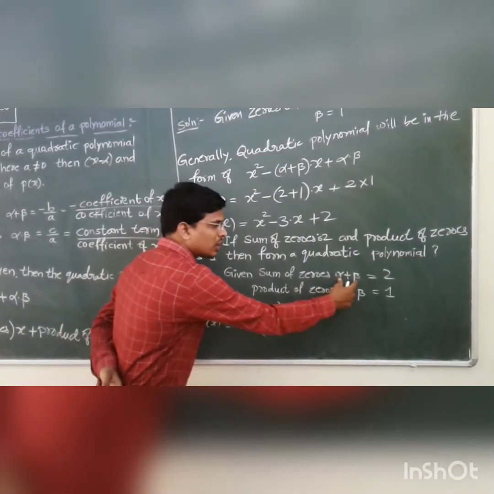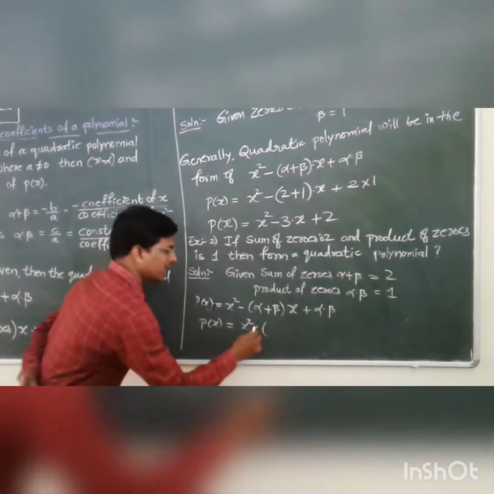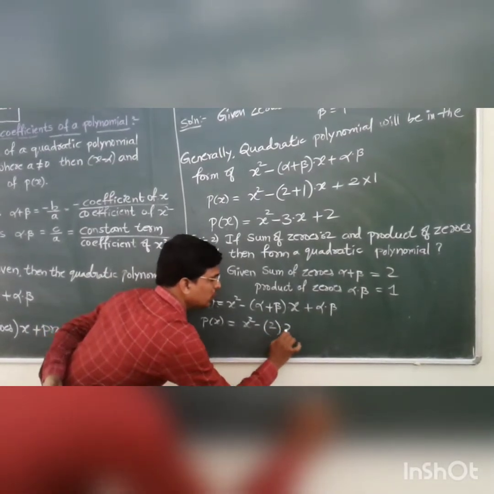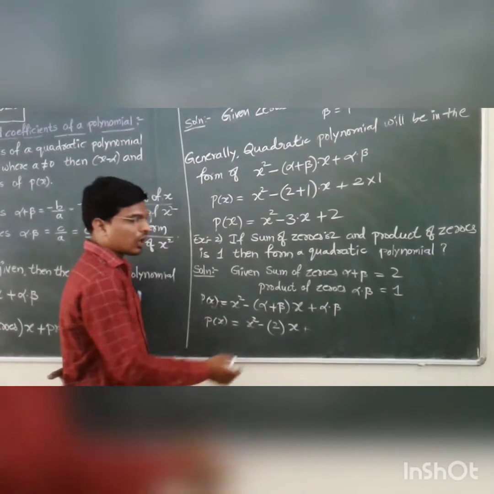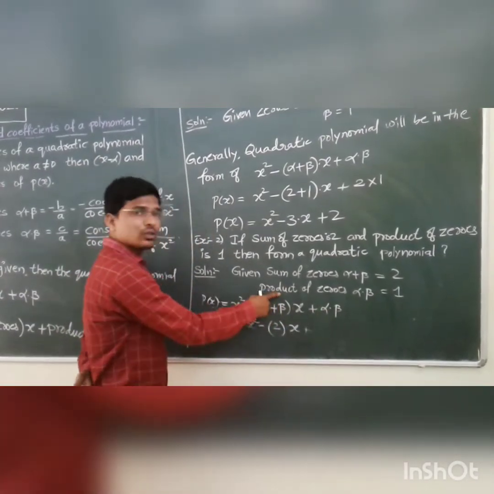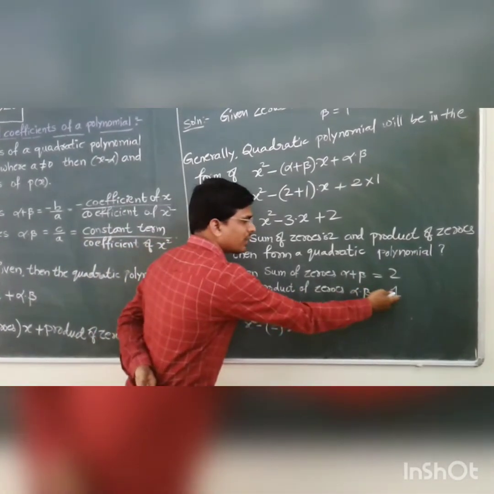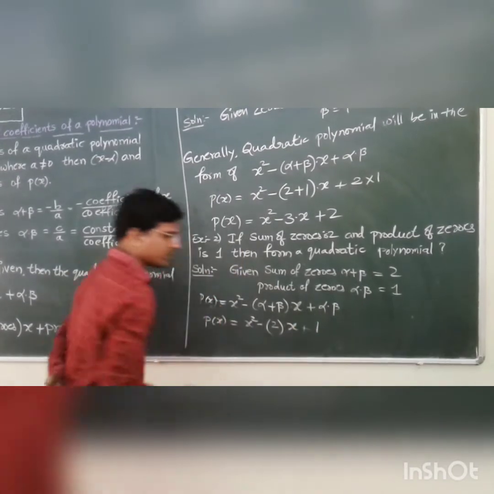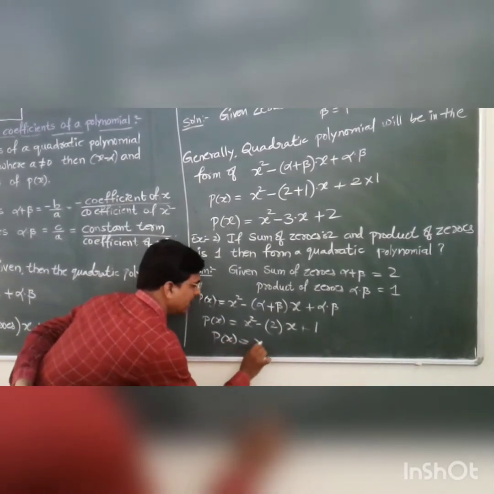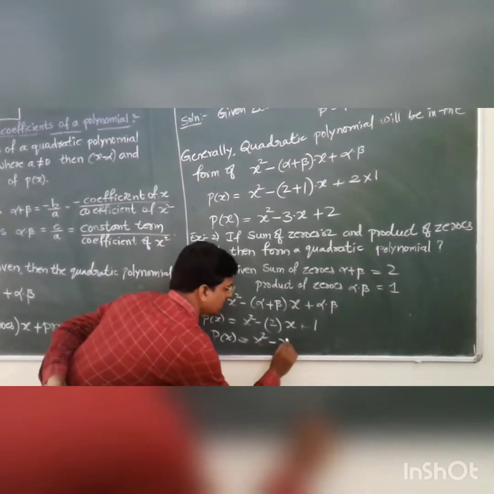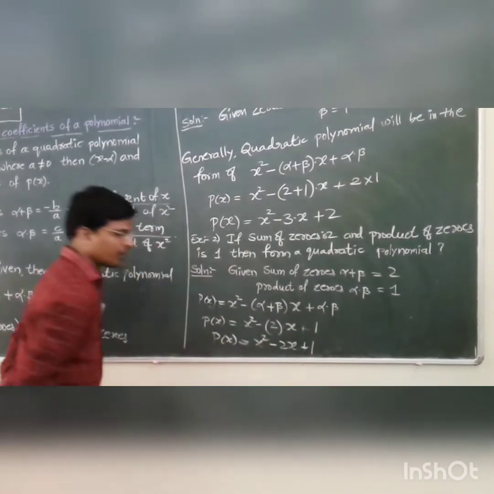The sum of zeros is 2, so directly write 2 into x plus alpha into beta. Alpha into beta is nothing but the product of zeros, which he has given as 1. So directly p of x is equal to x square minus 2x plus 1.